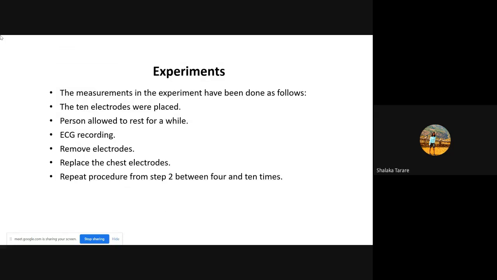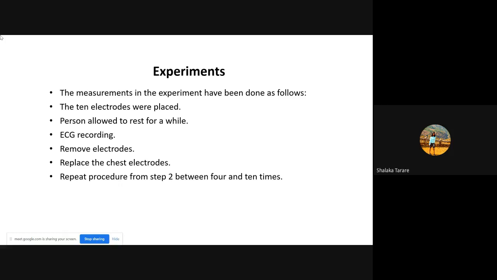Now coming to the experiments, the measurements are done with 12 lead rest ECG recordings, which are composed of 6 limb leads and 6 chest leads. It has been shown that variation in positioning of the chest electrodes will cause differences in the diagnosis of a disease. The average difference in electrode placement on the chest is 3 centimeters.